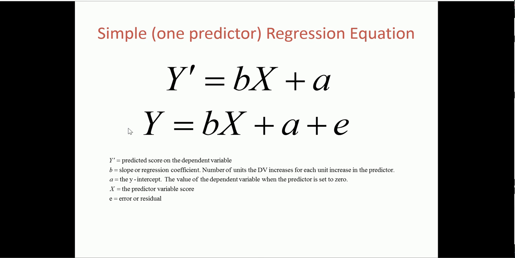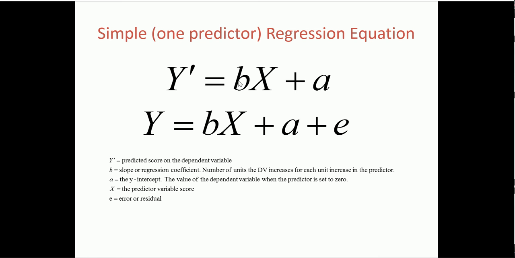So in a simple regression analysis, the equation is fairly straightforward. The predicted value of the outcome, the criterion, here we'll have that as Y with an apostrophe next to it. That's the predicted value on the basis of the equation. Y would be the actual value. Y prime would be the predicted value. Equals bX.